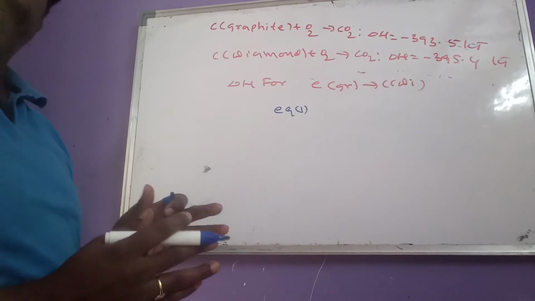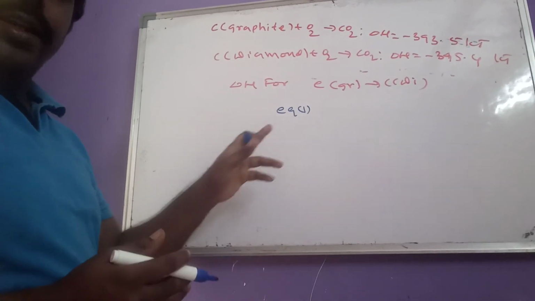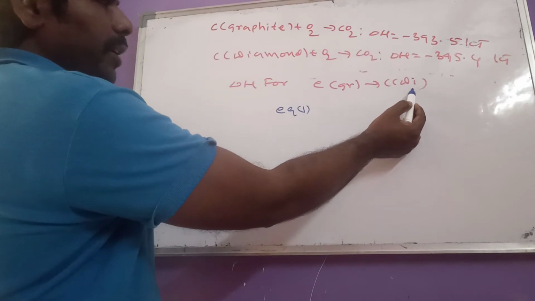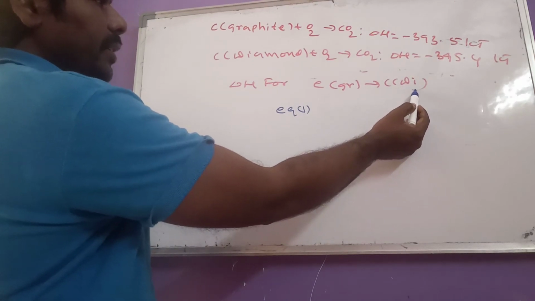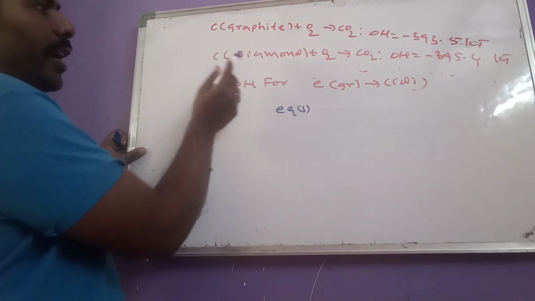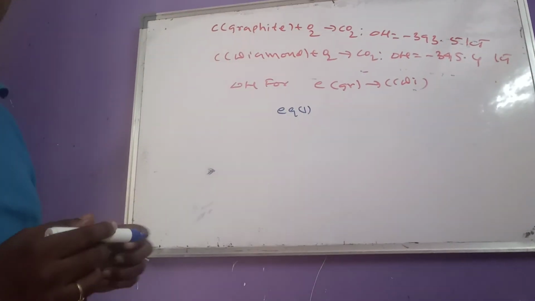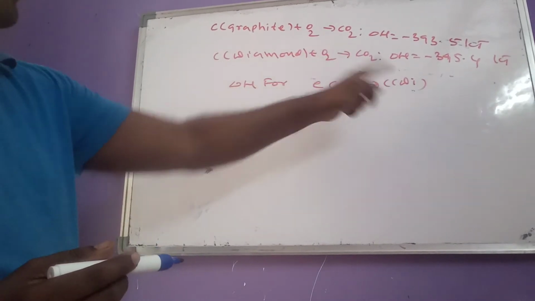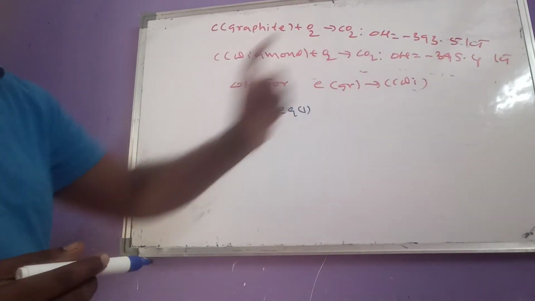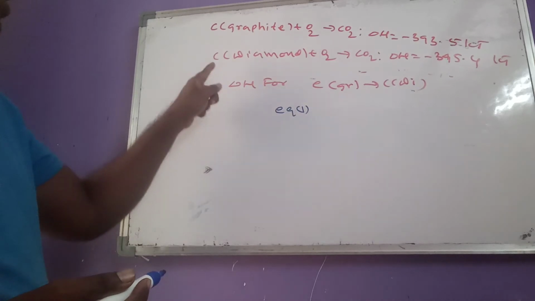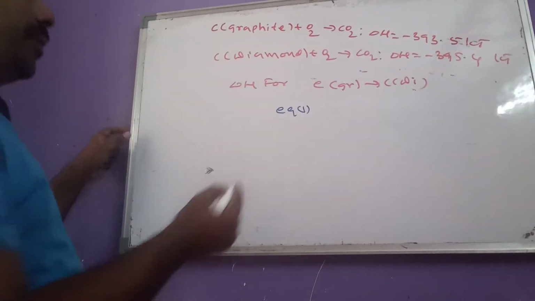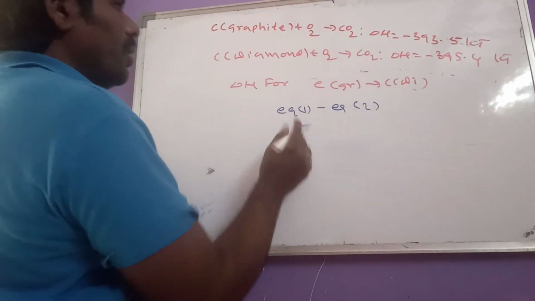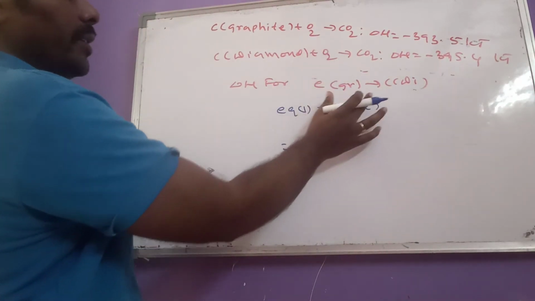That means no subtraction, only write equation 1. Now see here, in the required equation diamond is present in right hand side, but in the given equation diamond is present in left hand side. That means we have to shift this diamond from left hand side to right hand side. What we have to do here? Minus. That means equation 1 minus equation 2. When you do like this, you get this equation.